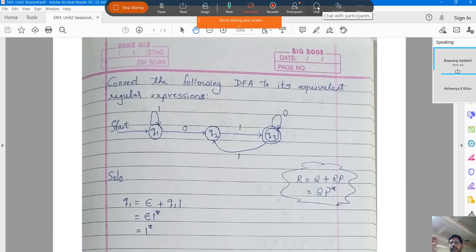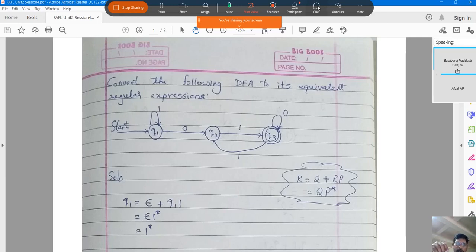That is, one is a closure operator, then the concatenation operator, as well as union operator. Closure, concatenation, and union. These are the three operators which are used with reference to regular expressions. And about these operators, we understood the precedence of operators. That is, which operator is evaluated first and which operator is evaluated next among these three.